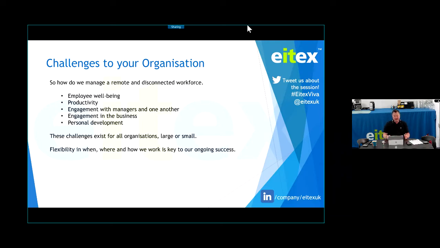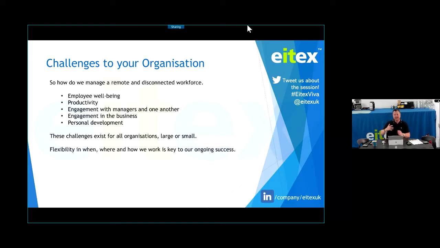When we were in lockdown, we found that actually we were very, very efficient. Things were very, very good. But employee well-being, when you're not seeing people in the office every day, seeing their faces, engaging with how they are, how they feel, it's much, much more difficult when they're working from home. Also, how do you manage productivity?